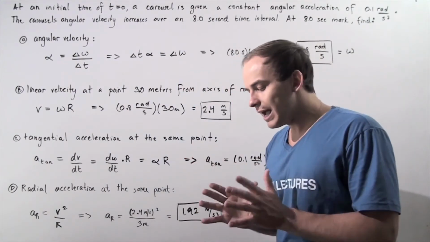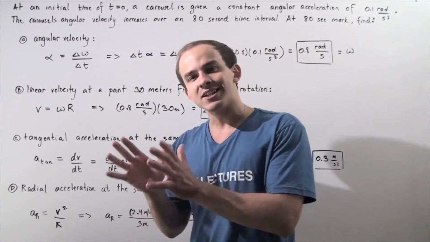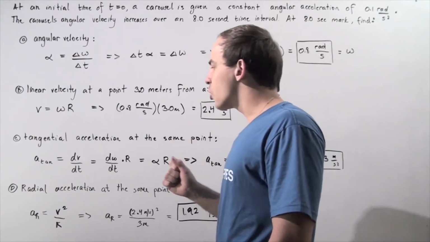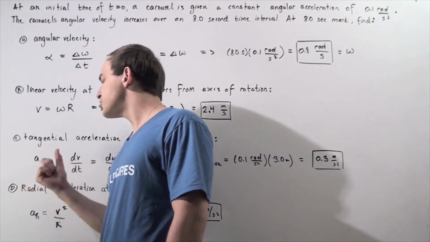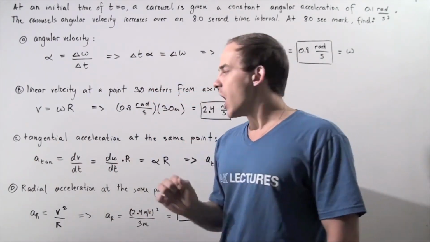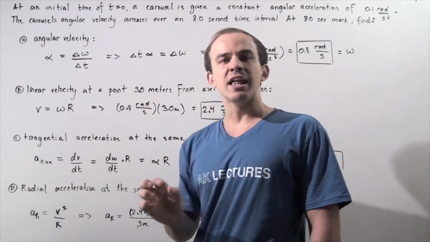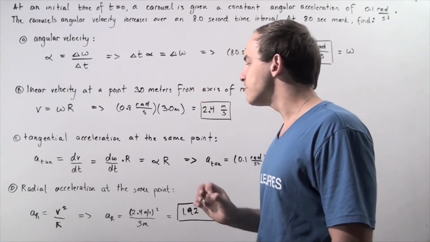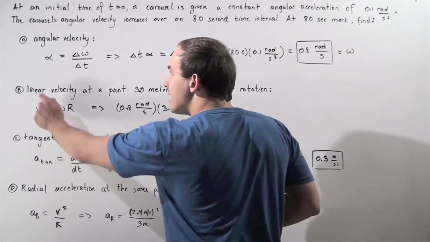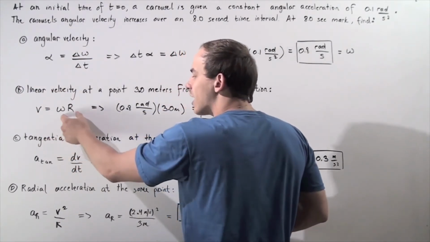We want to find the tangential acceleration of the object at the same exact point. So let's recall the formula for tangential acceleration. It's equal to the derivative of our instantaneous velocity with respect to time. And recall that velocity is equal to our omega, angular velocity, times our radius.